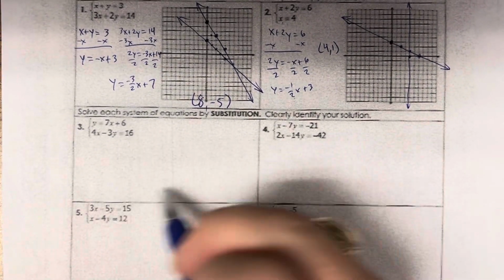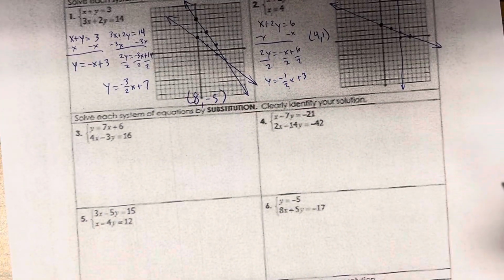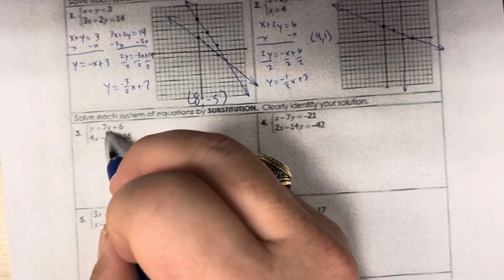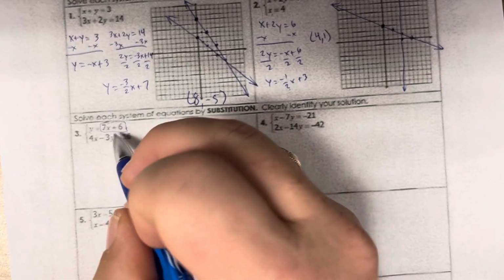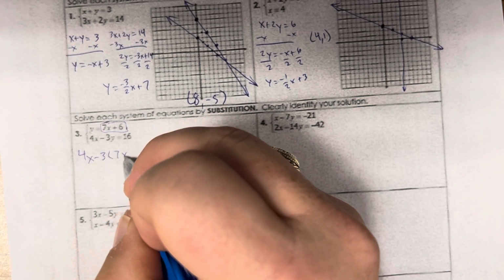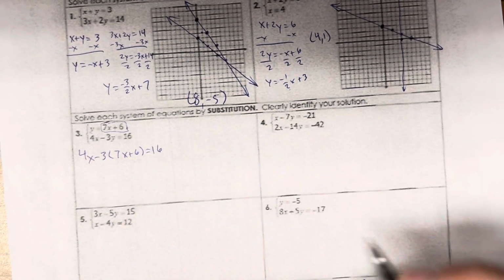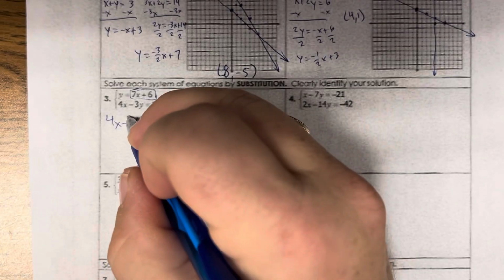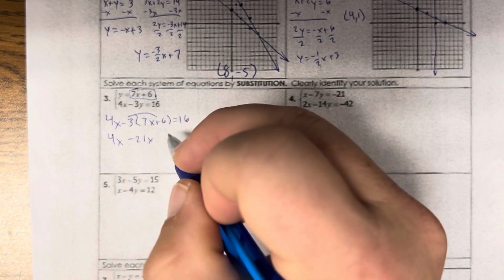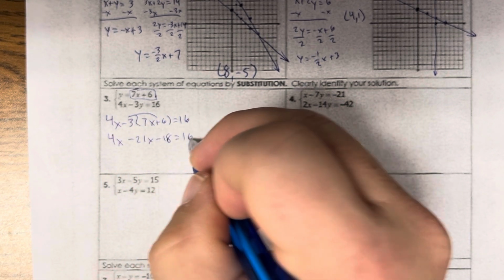There's not a whole lot of room in here, so you may need some paper, but we'll solve with substitution. So this one, y is already equal to this right here, so we're going to plug that into the other equation. So 4x minus 3 times (7x plus 6) is equal to 16. And we'll distribute this negative 3. Make sure it is a negative 3, so 4x minus 21x minus 18 is equal to 16.